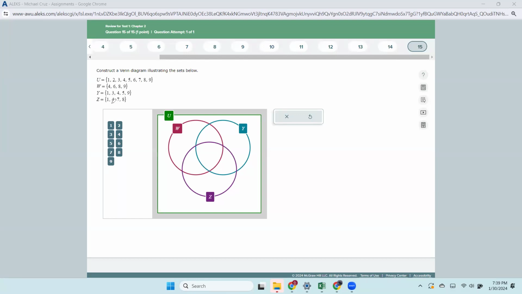One is not in W. 6 is not down here. So 4.